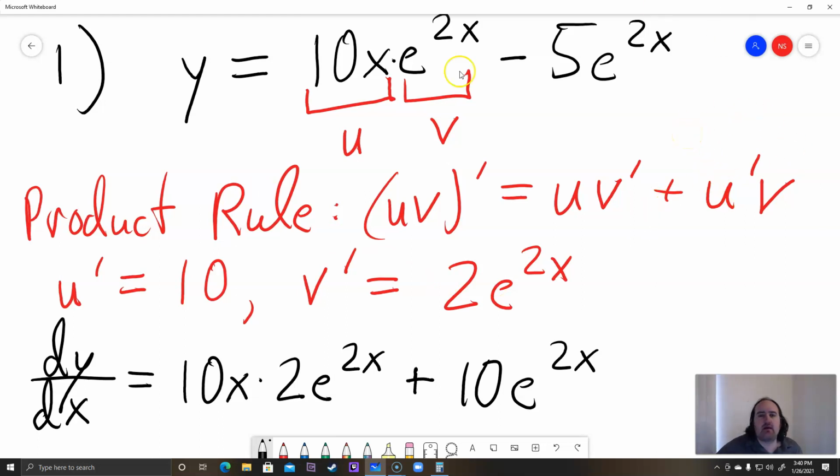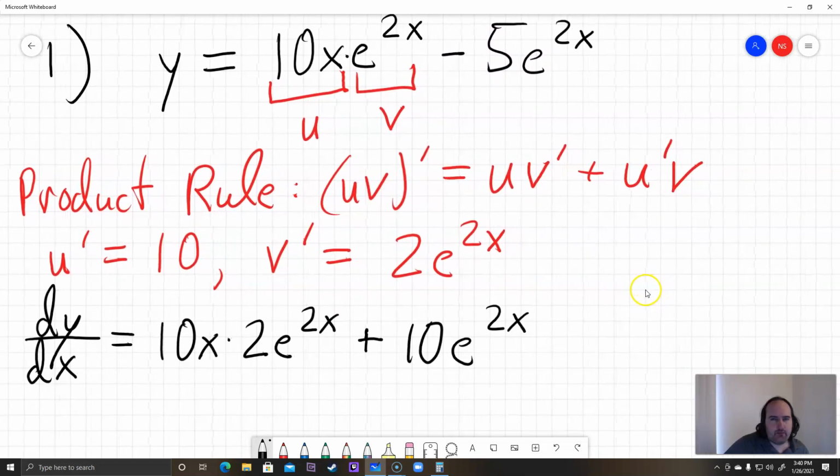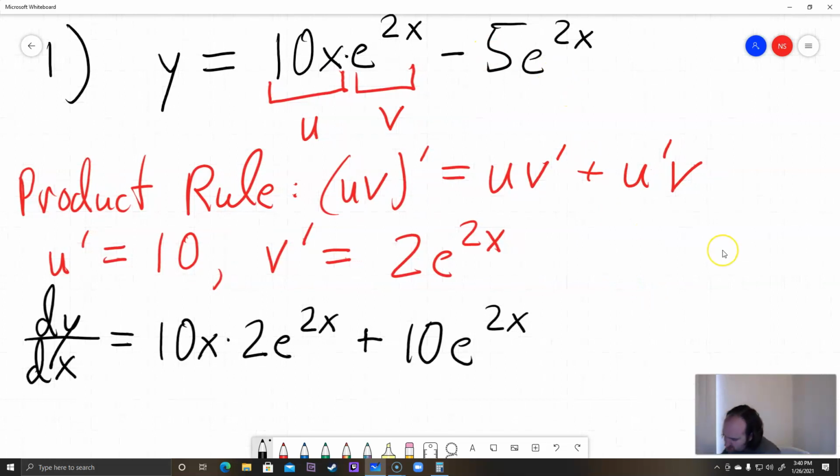That takes care of this first term, but don't forget we also have a second term over here that we have to take the derivative of. So to take the derivative of negative 5e to the 2x, the negative 5 is a constant, so it stays out front. So let me zoom out a little bit. So we just keep the negative 5 out front.